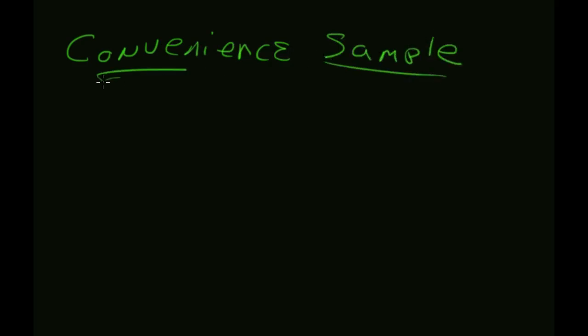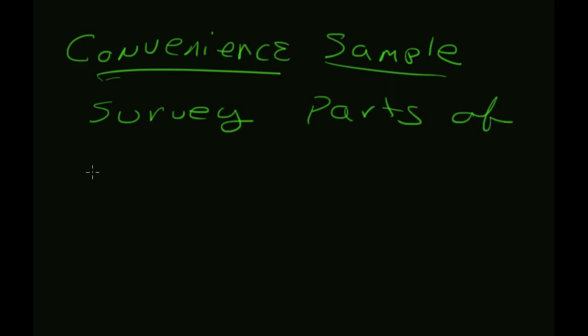Okay, another popular way of sampling is what's called a convenience sample. And that is you just survey parts of the population that are easy to survey.